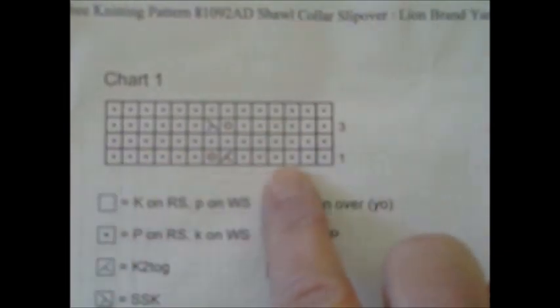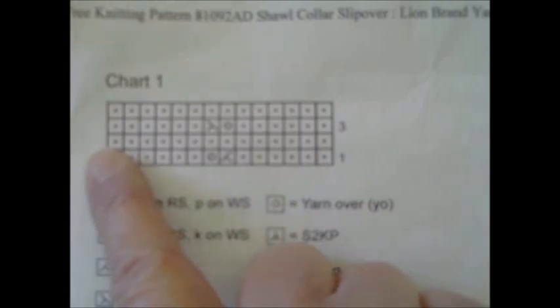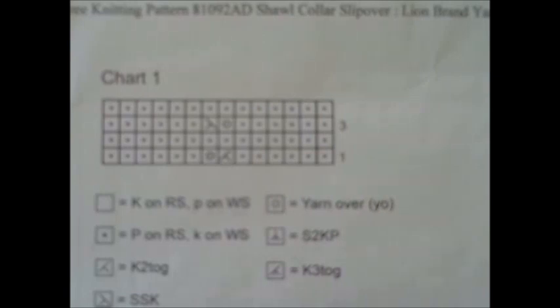So your right side rows, you knit from the right. Your wrong side rows, you knit from the left. So it's easy to remember. Your right side rows, the number is on the right, and you knit from the right on the right side rows. On the left side are where your wrong side rows are.